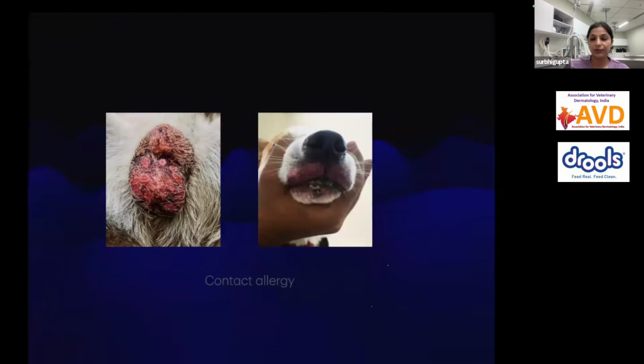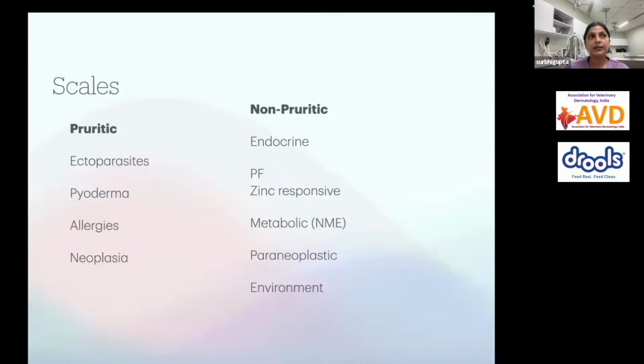So that you have to rule out. And another thing which I also keep in my mind is that whenever these lesions are there, are these lesions pruritic or no? Because if the lesions are pruritic, then another picture comes to my mind, whether that pruritus is happening because of some infection, some parasitic thing, bacterial infections, malassezia infections, or allergies.